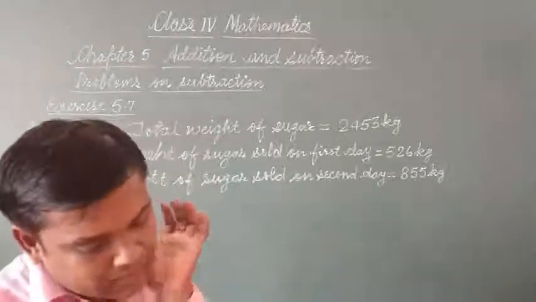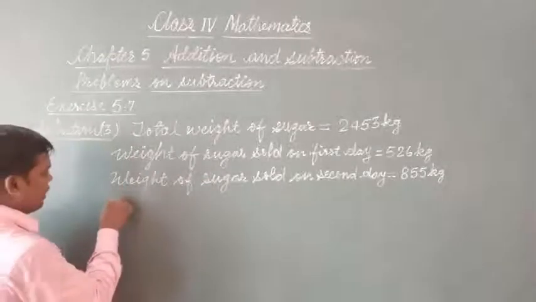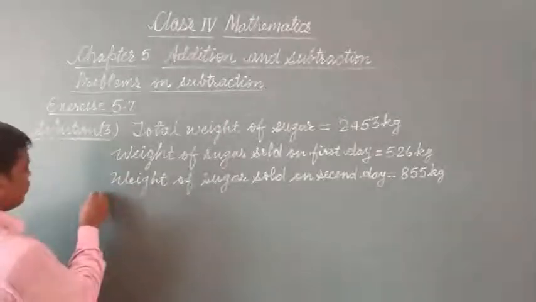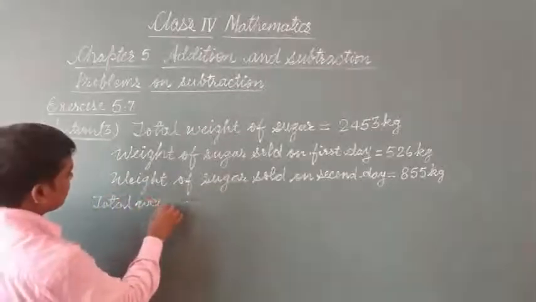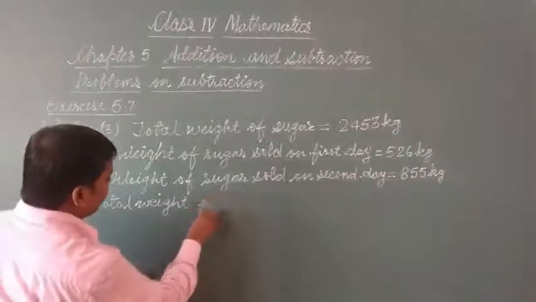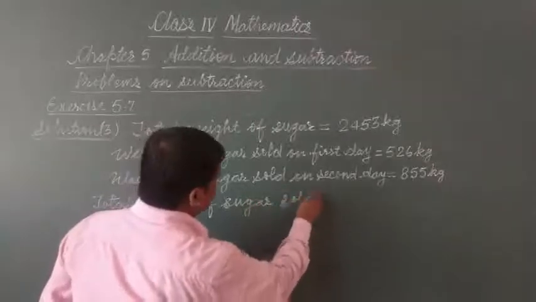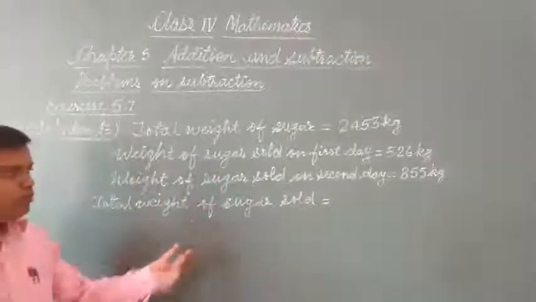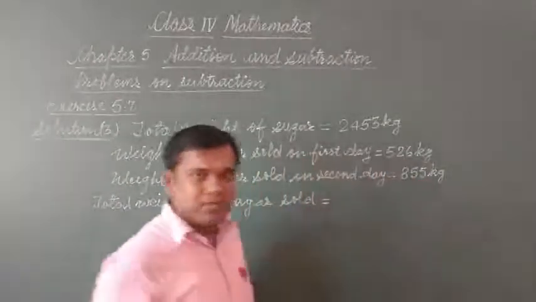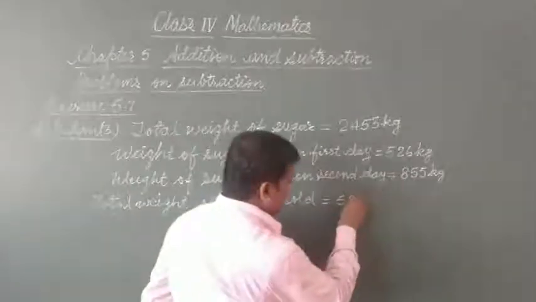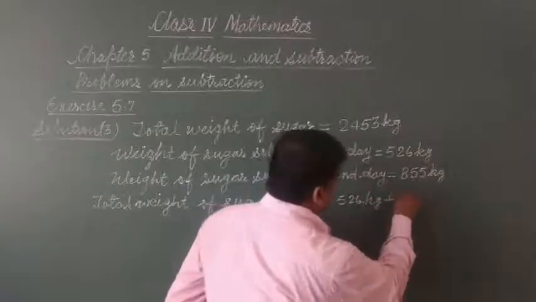So we write weight of sugar sold in 2 days is equal to, or you can write also, total weight of sugar sold. So when we calculate total weight of sugar sold, we will add 526 kg and 859 kg.